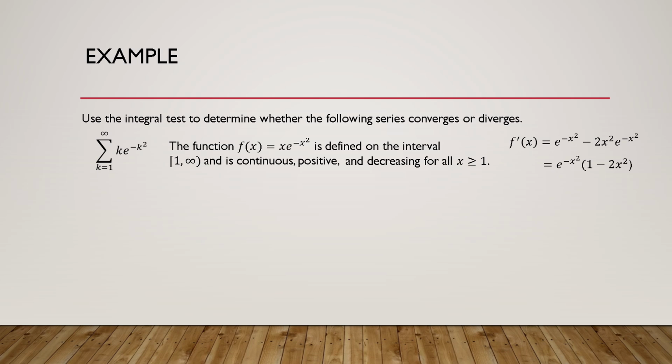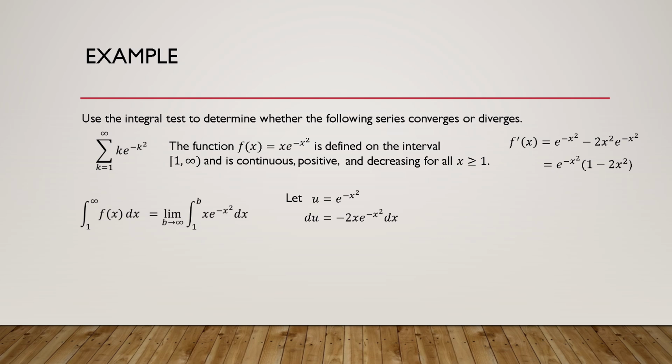Therefore, the integral from 1 to infinity of f of x dx is equal to the limit as b approaches infinity of the integral from 1 to b of x times e to the negative x squared dx. To solve this integral, we let u equal e to the negative x squared. This makes du equal to negative 2x times e to the negative x squared dx.